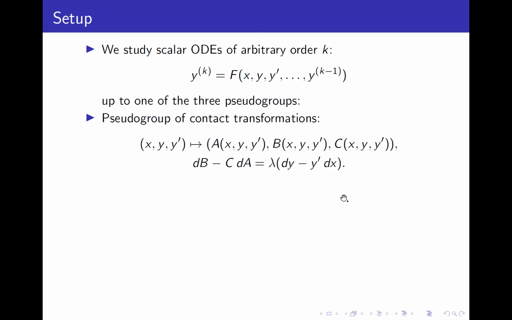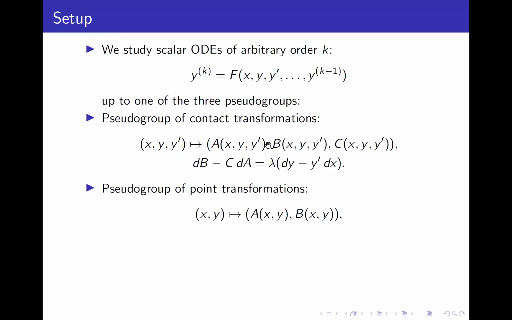And we all know what are contact transformations, I believe. So transformations on first jets, which preserves a contact form. And then you, of course, can prolong them to jets of any order k. This is exactly the case that was treated by me about 20 years ago.